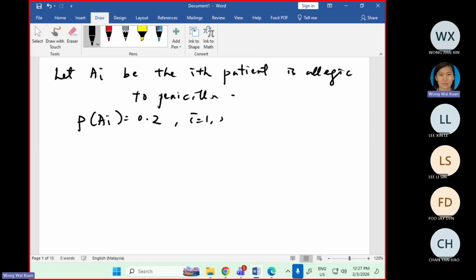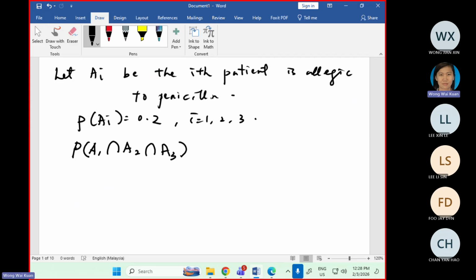Where i is 1, 2, 3. I choose 3 only. Then how can I have all 3? What happened to my first patient? Allergic or not allergic? Yes, right? Second one, and the third one. That's why this is an intersection, because they happen together.